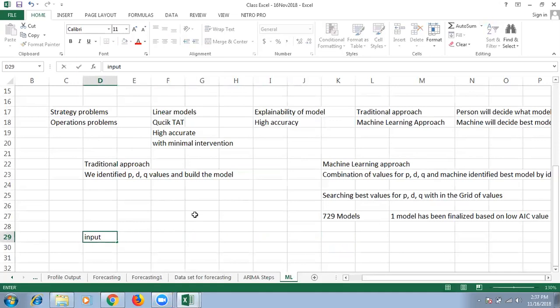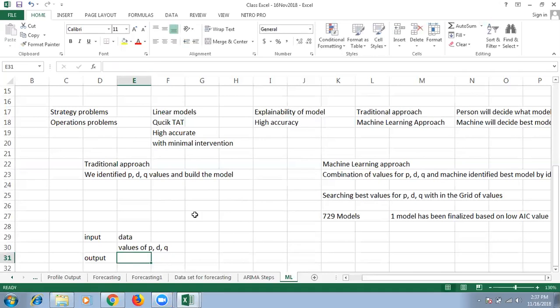So what is your input in this case? Of course, the data we gave, and the input is the values of PDQ, and you got output. The output is basically the predicted values of a model. A model is nothing but what? The program.